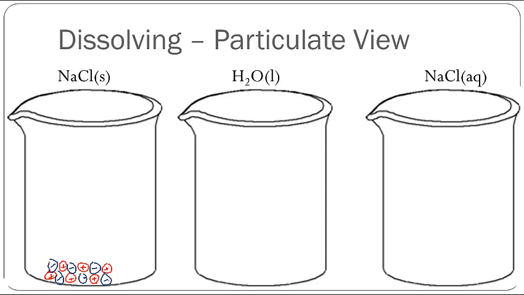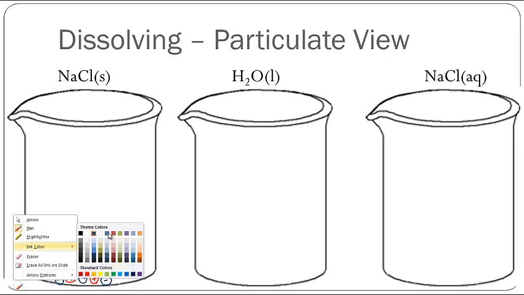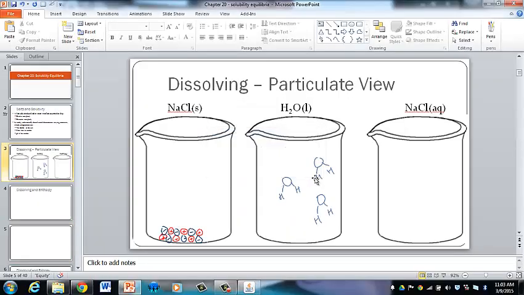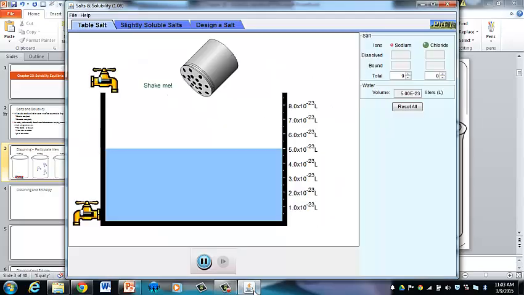All right, so water looks like this. Now, once we dissolve it into water, I want to show you guys, again, I've showed you this before, but just so we're all on the same page.